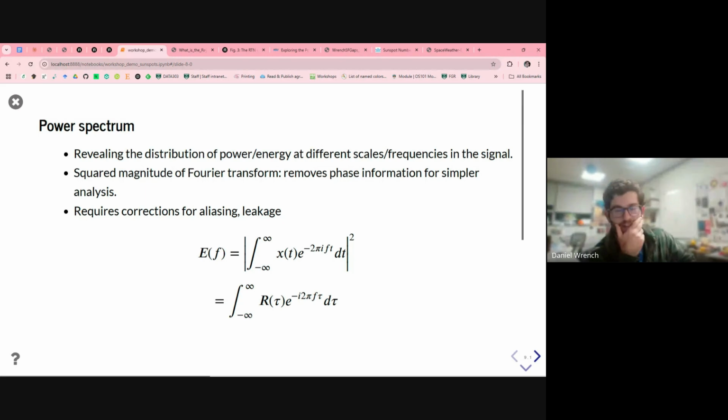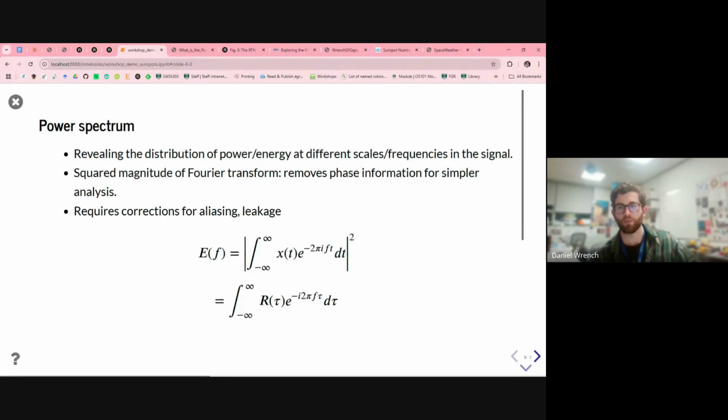And yes, that's where we are now. So power spectrum is now moving from the time domain into the frequency domain. Right? So it's revealing the power or energy that you have at different scales or frequencies or wave numbers in your signal. And as you can see from the equation here, it is the squared magnitude of the Fourier transform.